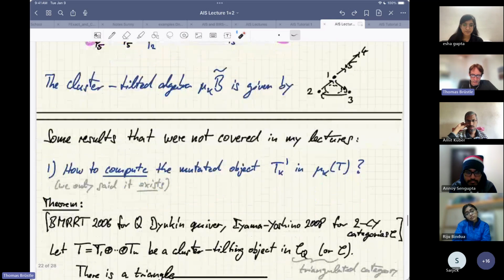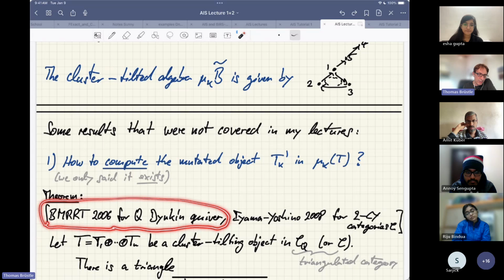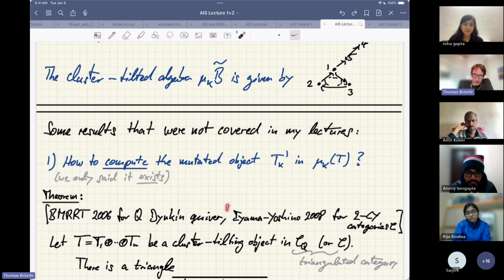So there's a theorem which was for Dynkin quivers already in the original paper by Buan, Marsh, Reineke, Reiten, Todorov. And then in a more general version, it has been stated by Iyama and Yoshino, and they stated it in the more general context of two Calabi-Yau categories.